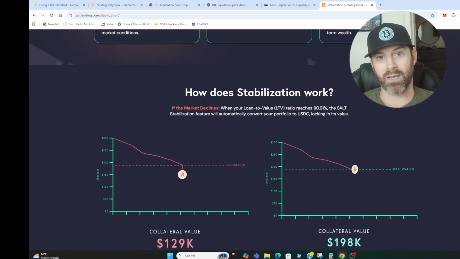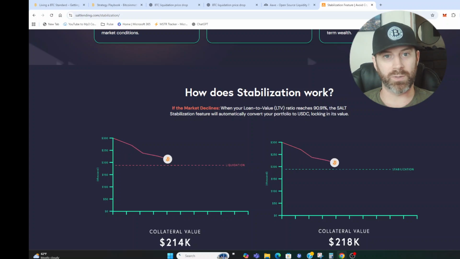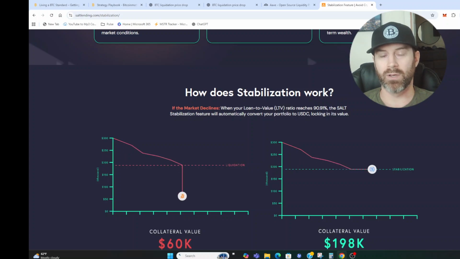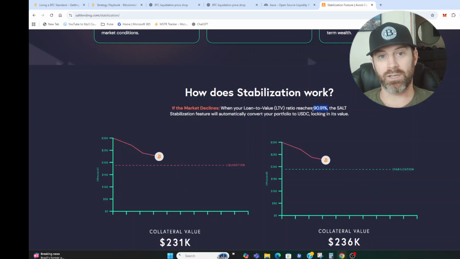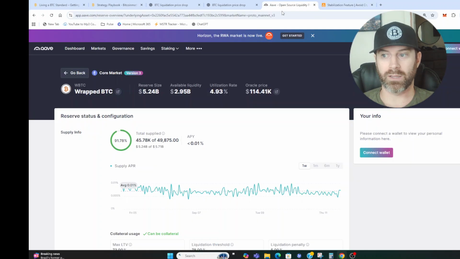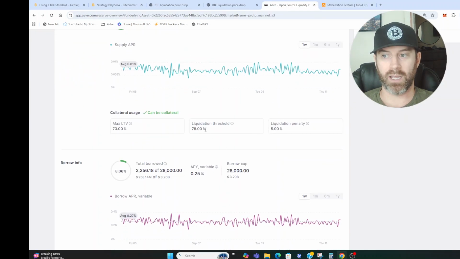Do you want them to buy the dip and re-enter your loan position and bring in some more collateral? They basically give you options, but ultimately it's a much higher stabilization threshold, 90.91%, than if you're using DeFi and Aave, where you're going to get liquidated at 78%. So a couple of things to just keep in mind and do some additional education around as you explore this further.